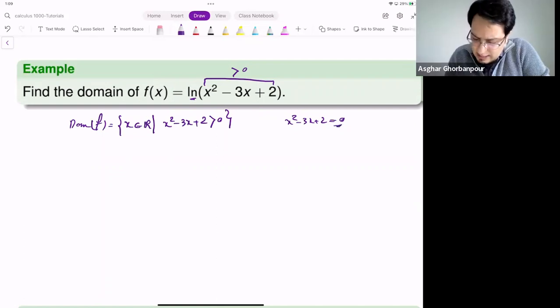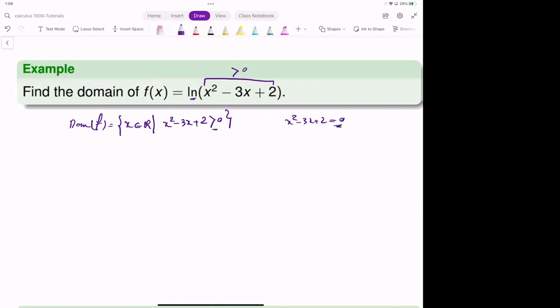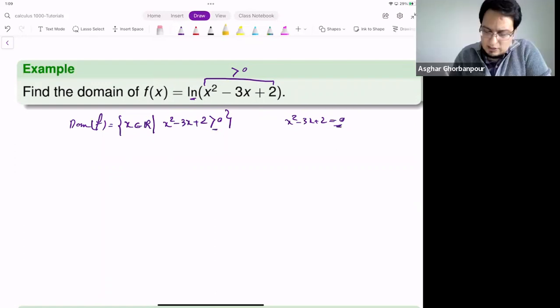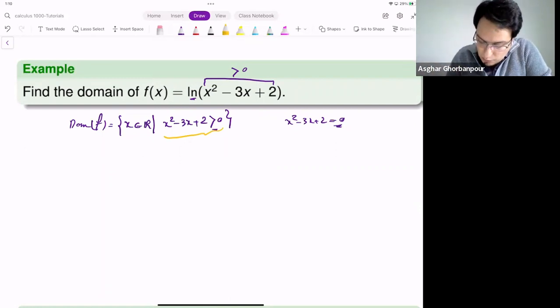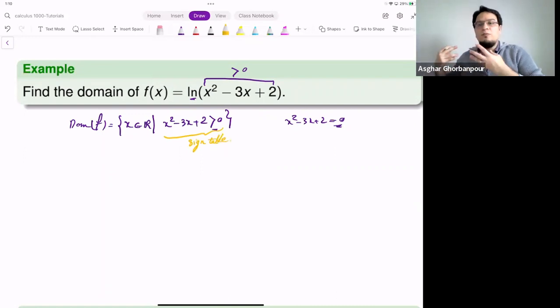There is a relationship here, but in general, let me tell you one thing to keep in mind. When you're trying to solve an inequality like this, or in any form that you like, when you have bigger than or equal, the best way to solve those is a sign table. In other words, I want to find out where this expression is positive and where it is negative, and then I only keep the positive part.